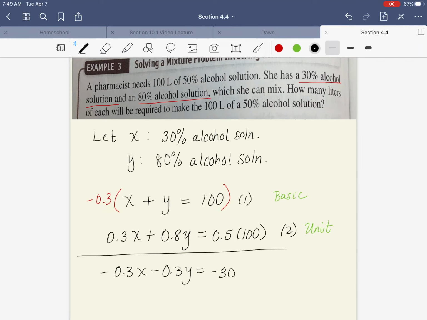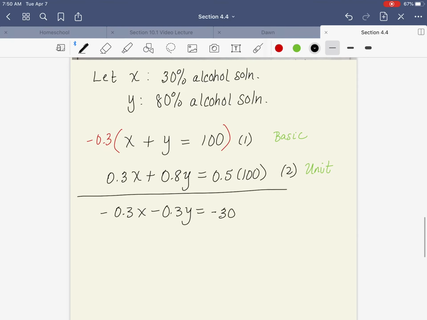Multiply by 100, you move the decimal point 2 places. So that is now my equation 1. And that would be equation 2. I just multiplied 0.5 times 100, move your decimal point 2 places, and you get 50.